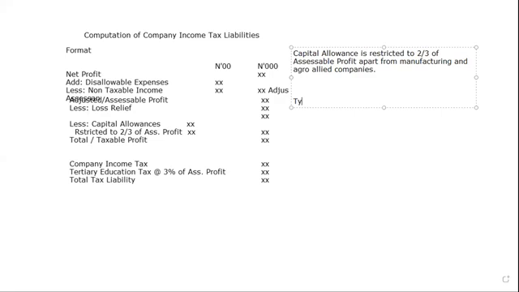When you're talking about the capital allowance, there's a particular pre-assumed figure in that capital allowance. Then you say that it's being restricted to 2/3 of the accessible profit.